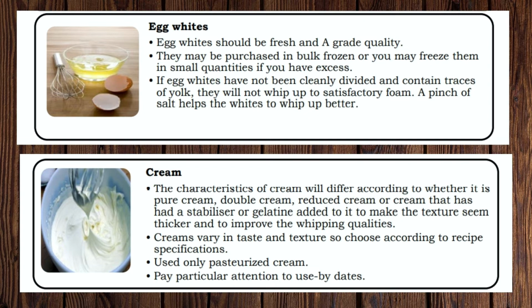The characteristics of cream will differ according to whether it is pure cream, double cream, reduced cream, or cream that has had a stabilizer or gelatin added to it to make the texture seem thicker and to improve the whipping qualities. Creams vary in taste and texture, so choose according to recipe specifications. Use only pasteurized cream. Pay particular attention to use-by dates.